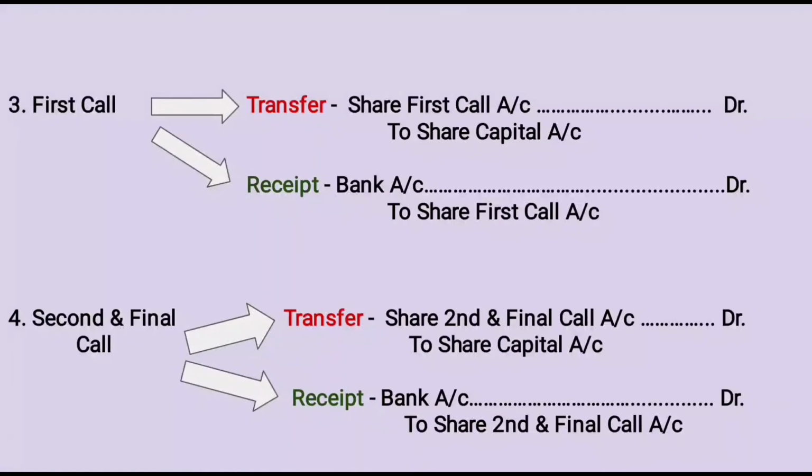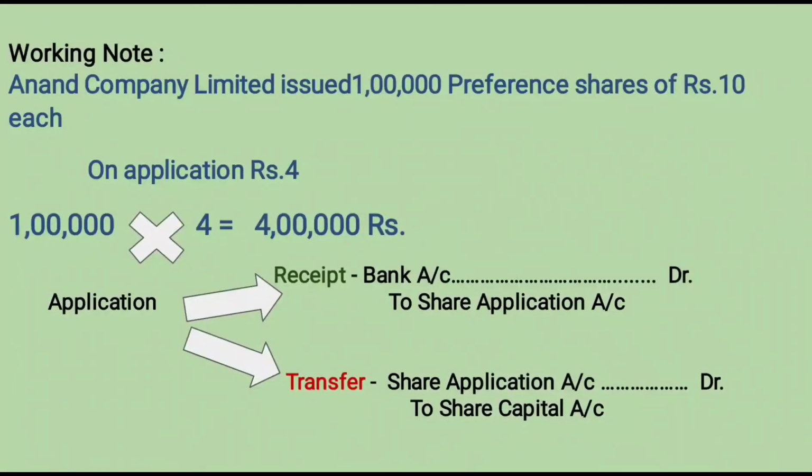Now see the working note for application stage. Here Anand Company Limited issued 1 lakh preference share of rupees 10 each on application rupees 4. So we have to multiply 1 lakh into 4 rupees, 4 lakh rupees. Now we have to just put this amount in these entries.